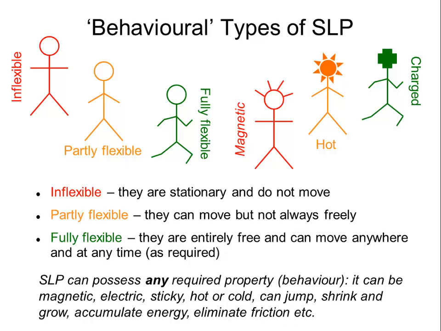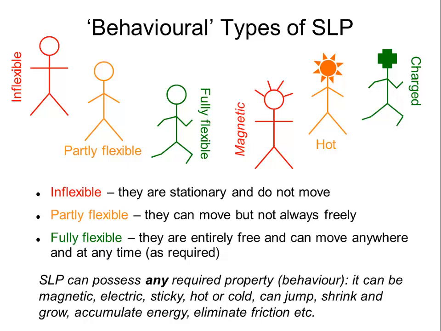The green person with a cross-like head is electrically charged and can freely move. You see how by changing the person's head we could display additional properties of smart little people. With some imagination you will be able to develop your own representations and symbolism for the smart little people modeling.